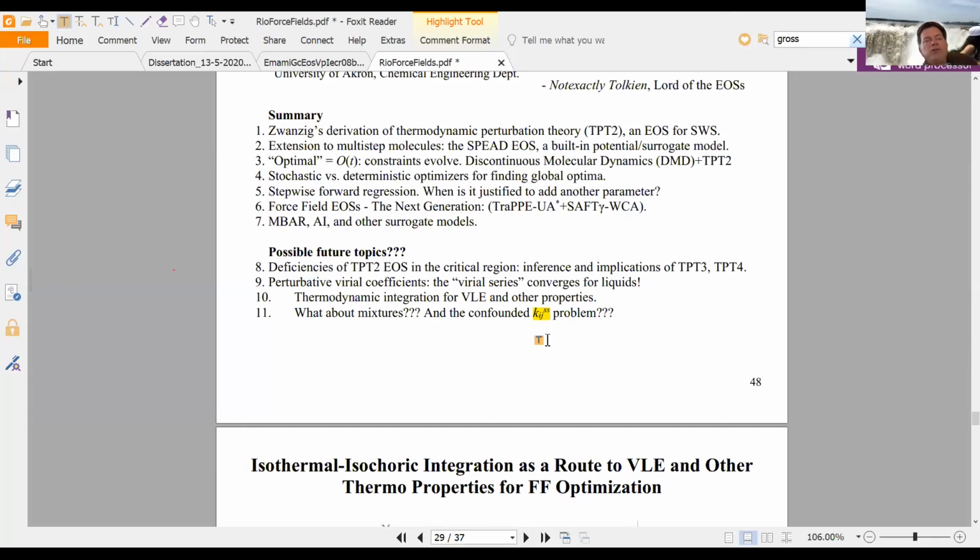Everybody assumes that the site-site interaction parameter for that Lorentz-Berthelot combining rule ought to be 0. Who says? Why should it be? You're assuming that. You should ask the question, is that the right assumption, or should we objectively test what's the right value for that site-site interaction parameter? And we've done some work on that, and everywhere we've looked, it's not zero.